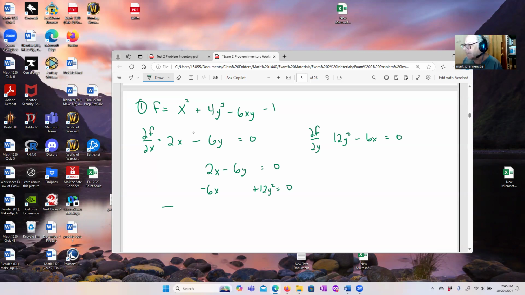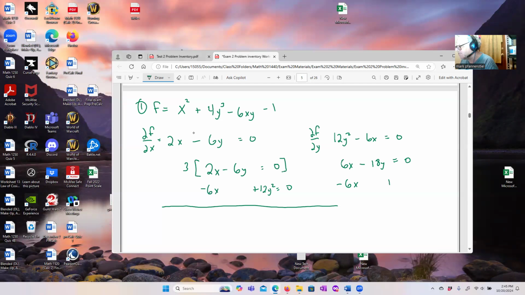Okay, and what I'm trying to do is we have to solve these two equations by either elimination, substitution, or something. I usually prefer to do elimination. So I'm going to multiply this whole equation by 3 so that I can get 6x minus 18y set equal to 0. Underneath of it, we're going to have negative 6x, I didn't do anything to this, plus 12y squared equal to 0.